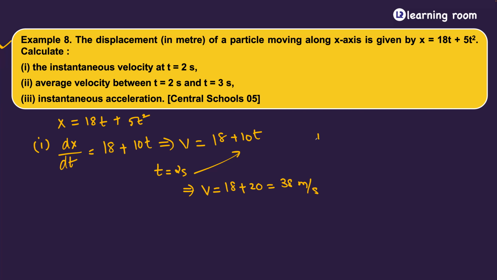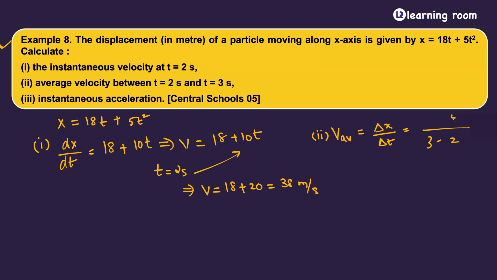The second scenario is when you need to find between. So when you need to find between, first you will substitute the value of t in the place of x itself, right? So for v average, it is going to be equal to delta x divided by delta t. So delta t is fixed, 3 minus 2. Delta x is going to be how much? If I substitute 2 here, it is going to be 36 plus 20, which is 56.